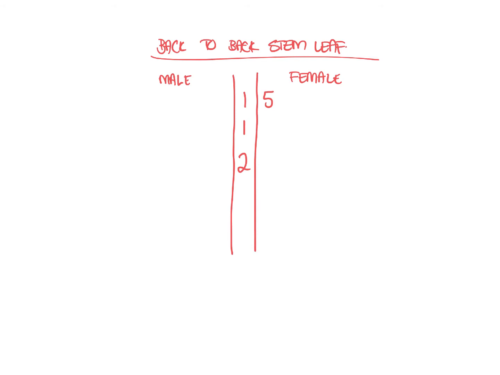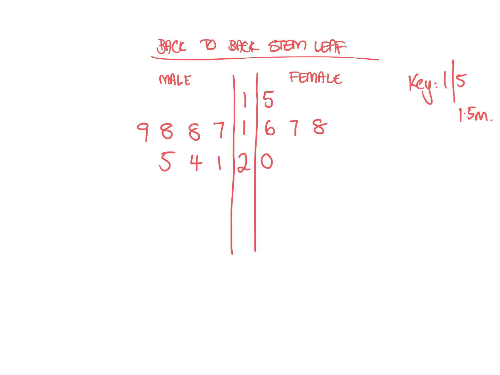Okay, and then I'll put a key here, and what I'll say is 1-5 equals 1.5 meters. All right, so here we've got our females and male staff. So here you could look at it. If we were commenting on the shape of the females, what would you call that?